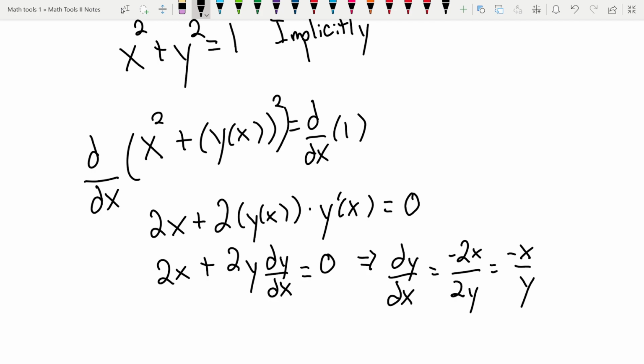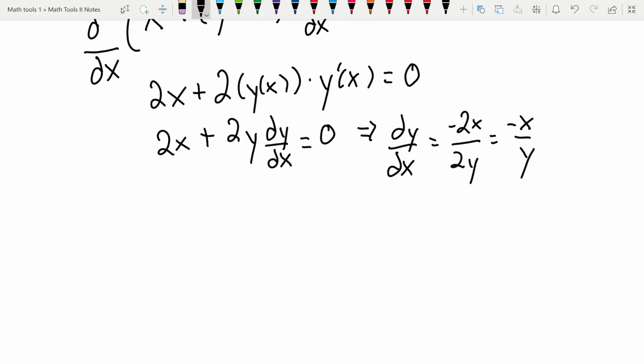So if we wanted to know the derivative at x equals 1/2, for example, the rate of change of the curve at 1/2, well, notice that in our equation here, we also have to know what y is. Okay, so this is what makes these implicit curves a little bit different as well, is that now we have to actually figure out what y is if x is given a value.